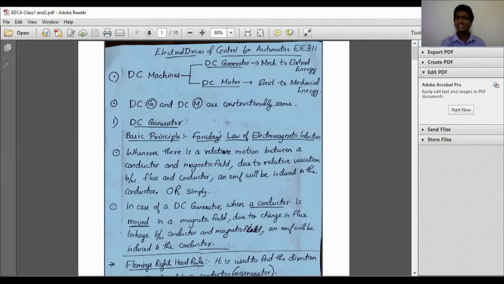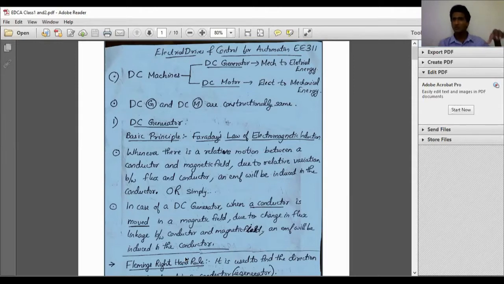Whenever there is a relative motion between a conductor and a magnetic field, due to relative variation between flux and conductor, an EMF will be induced in the conductor. Or simply we can say, in case of a DC generator, when a conductor is moved in a magnetic field, due to change in flux linkage between conductor and magnetic field, an EMF will be induced in the conductor. Is that clear?